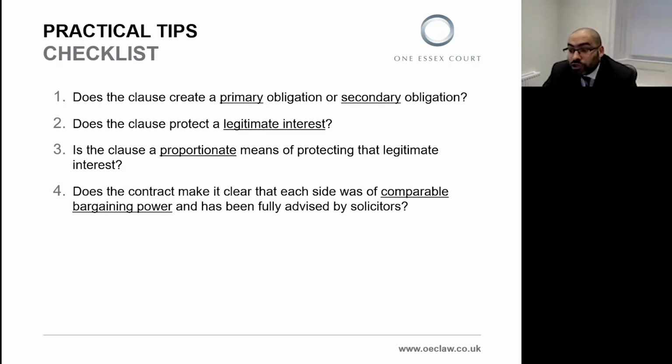And 4th, does the contract make it clear that each side was of comparable bargaining power and has been fully advised by lawyers? And I'll just briefly go through each of those points, starting with primary obligations.